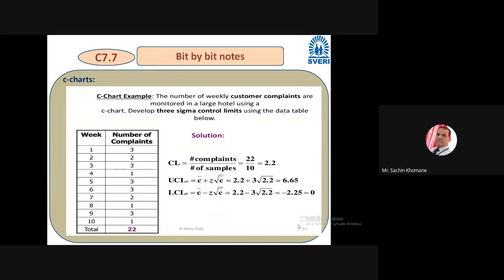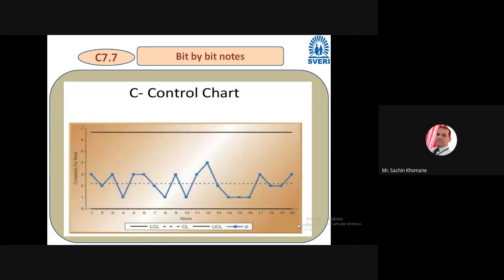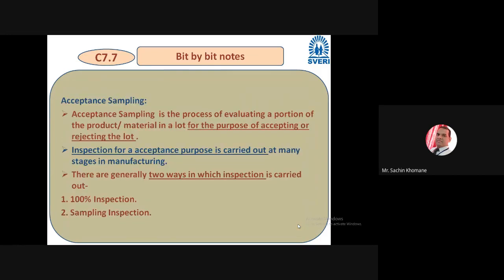So I hope you have seen a trend like this: complaints per week versus week number. Done. So should we proceed to another bit? Say something, yes, no. Can you see the screen?